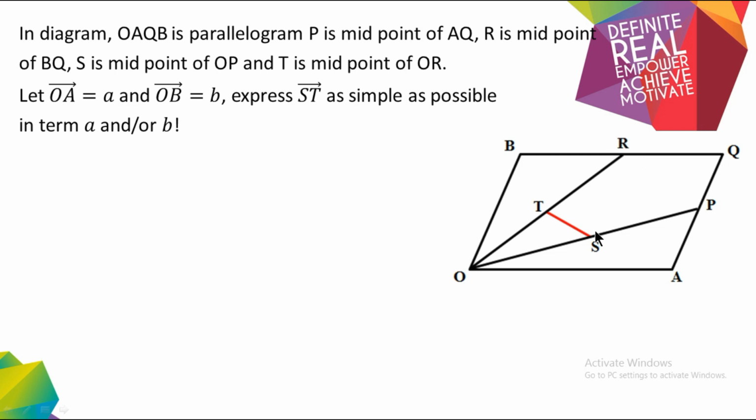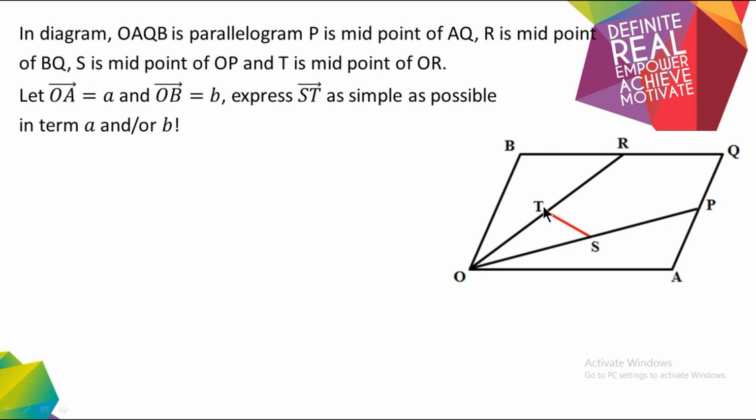S is the midpoint of OP, from O to P. And then T is the midpoint of OR. Let vector OA equal vector a and vector OB equal vector b. Express vector ST as simply as possible in terms of a and or b.